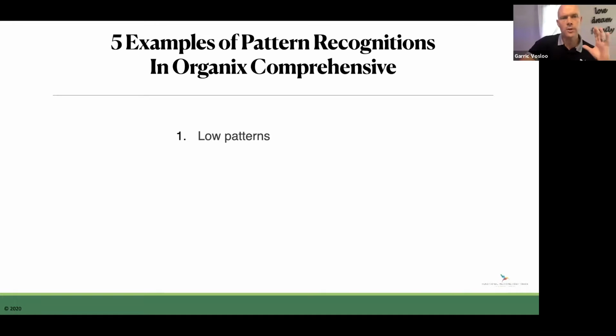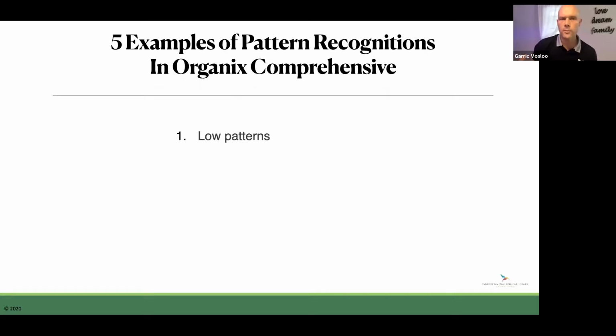So we're going to be going through 5 examples of pattern recognition in this specific test called Organix Comprehensive. There's a good reason I love teaching from the Organix Comprehensive: it's a report that gives us the ability to understand it much more easily than a lot of the other organics. Organic acid tests are probably the most overwhelming test for functional medicine practitioners.